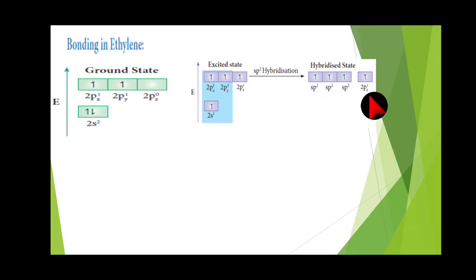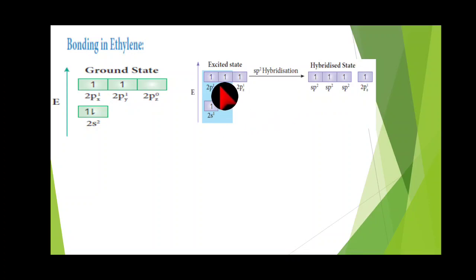Okay, now 1 s orbital and 2 p orbitals, and 1 is separated, right? So sp2 hybridization, the 1 electron is separated, so involved in pi bonding.